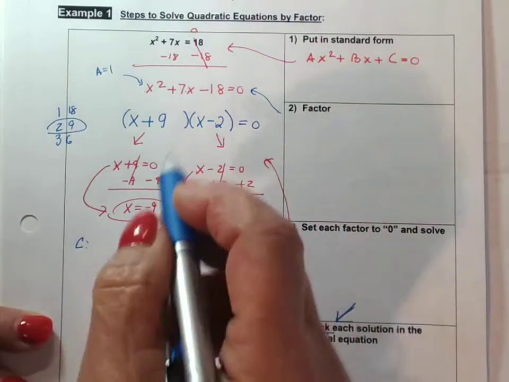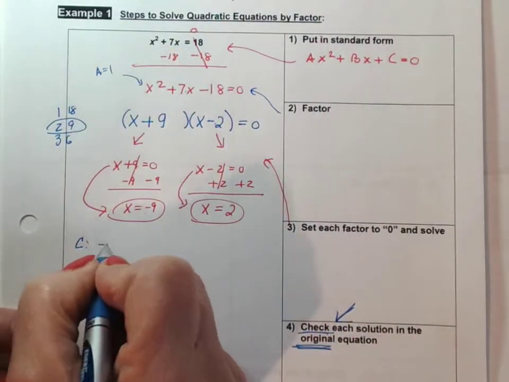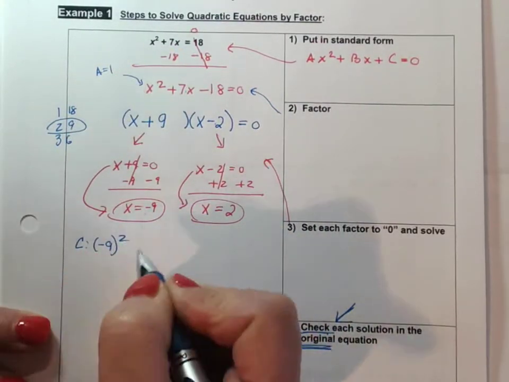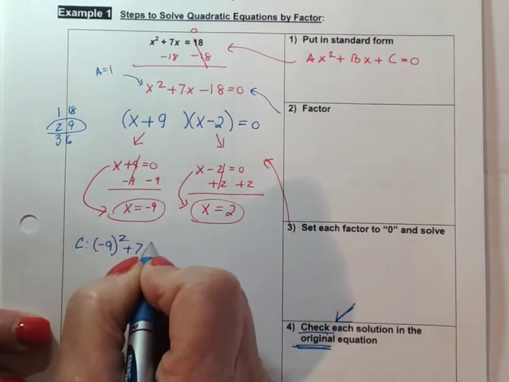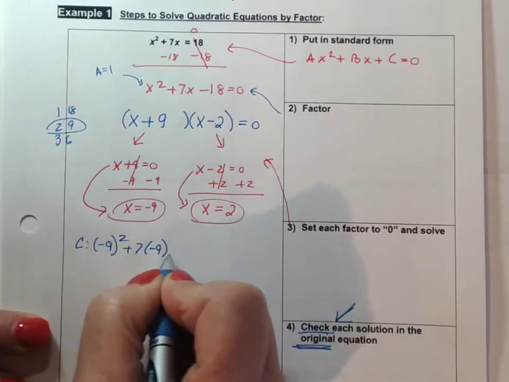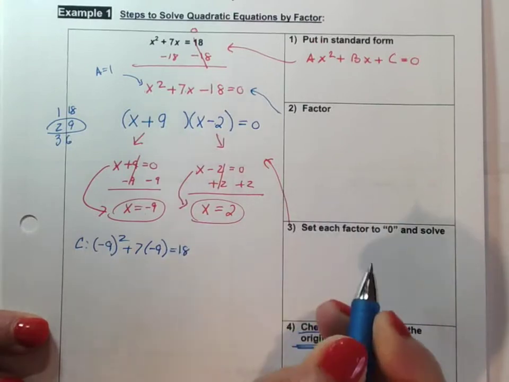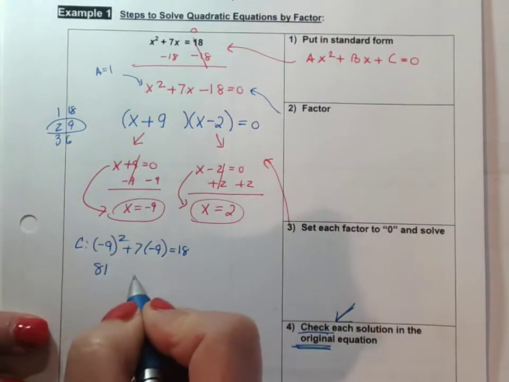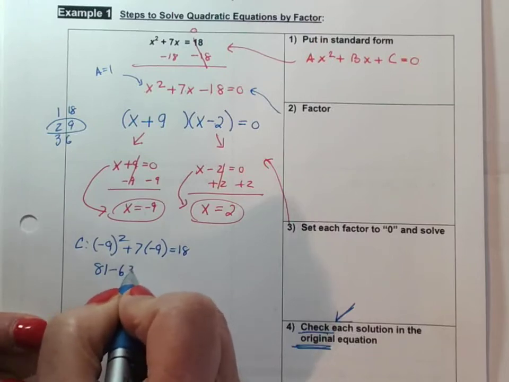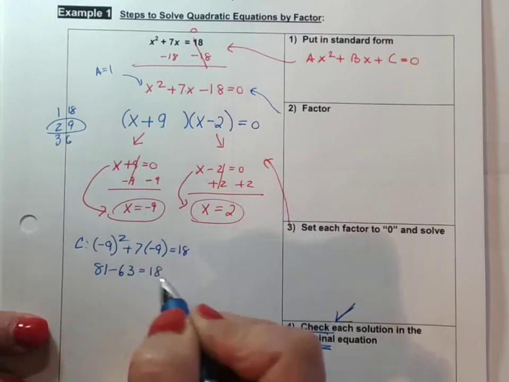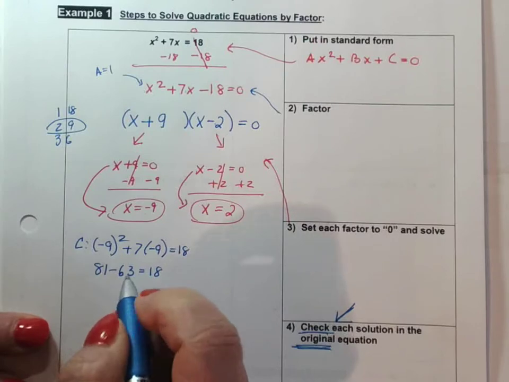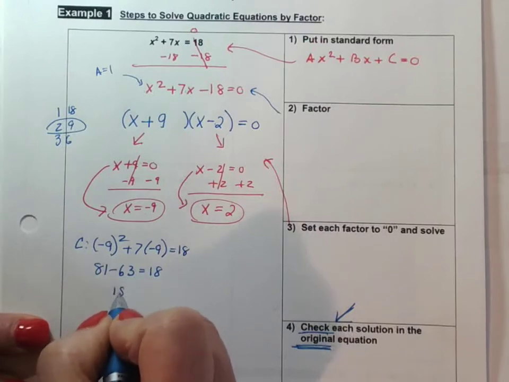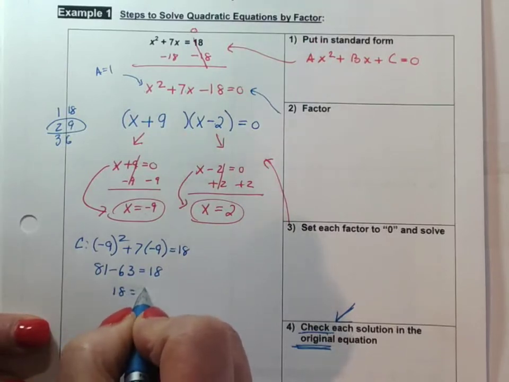So we're going to put negative 9 squared plus 7 times negative 9 equals 18. And so this is going to give me 81 minus 63 equals 18. 81 minus 63, 18 equals 18.